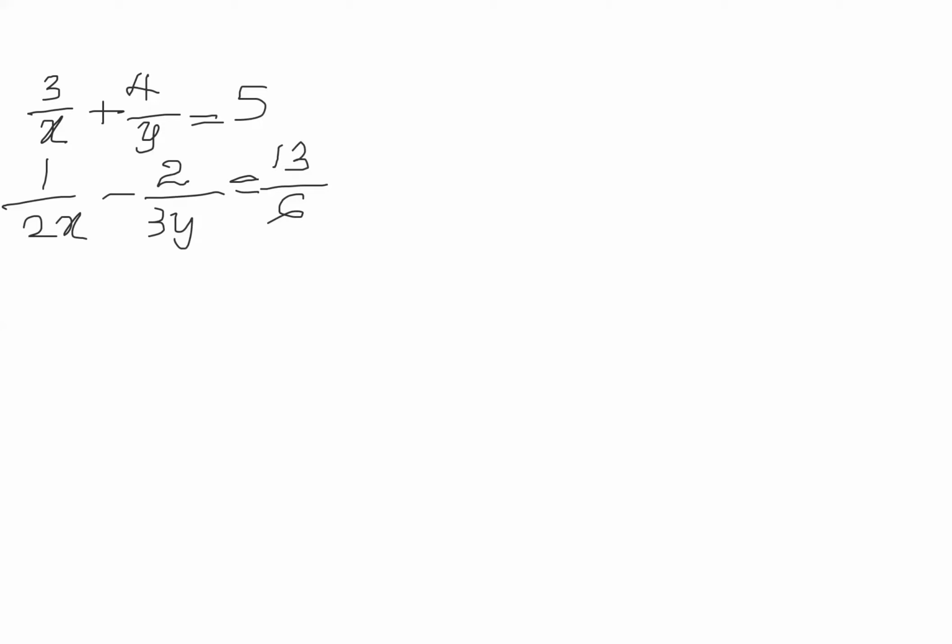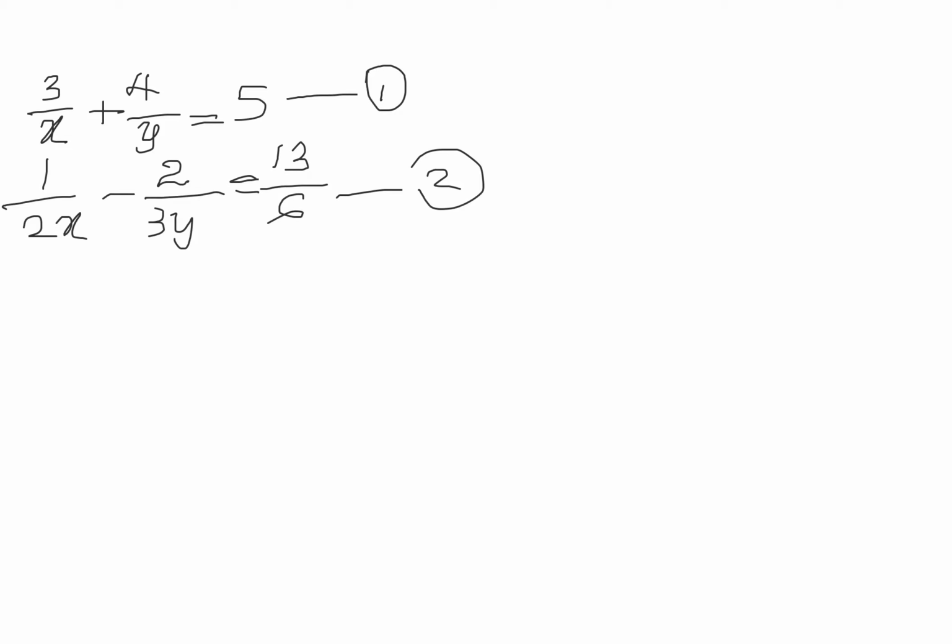So how do we do that? First we can name this equation as the first one, and this is the second one. Now we can apply the elimination method. So try to check whether we can remove one variable, x or y, when adding or subtracting these two equations.